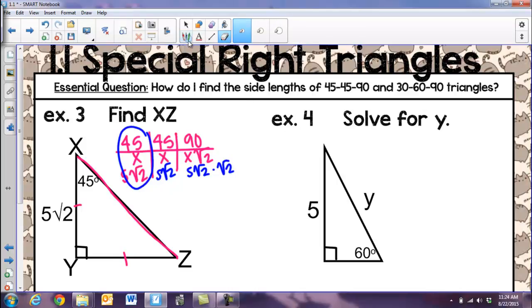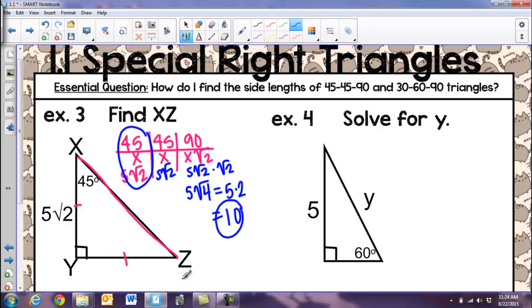When I simplify that down, since that's the side I want, opposite the 90-degree angle, we know that the square root of 2 times the square root of 2 is the square root of 4. And hopefully you know that the square root of 4 is just 2. So that means that side length is just 10 units. Okay, and that makes sense. 10 is bigger than 5 times the square root of 2.